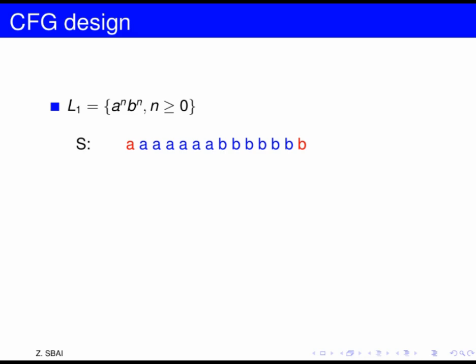Here we have to find a way to tell that this string is composed of a list of A followed by a list of B, and the numbers of A and B are the same.